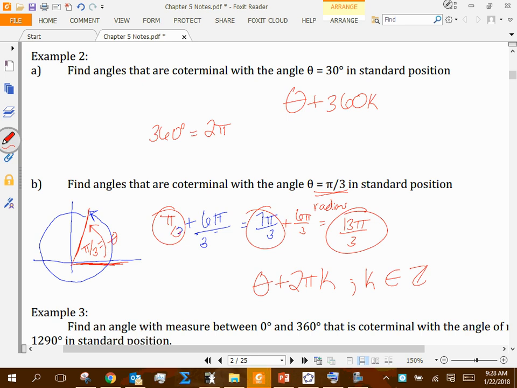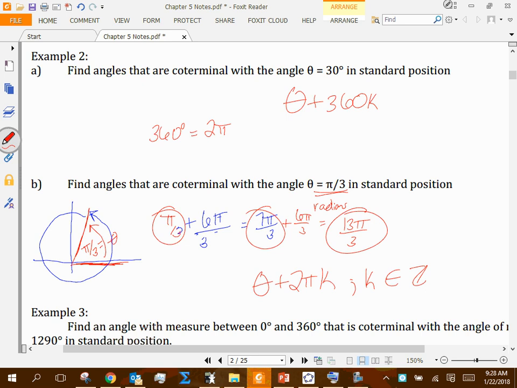A lot of people think, well, I need a formula that will do addition for me, but I also need a formula to do subtraction for me. Well, if I let k be an integer, that incorporates multiplying by a negative at some point, and that turns it into the subtraction formula. So if k was negative 1, you could have pi over 3 minus 6 pi over 3, and that gives you negative 5 pi over 3 as one of your coterminal angles.